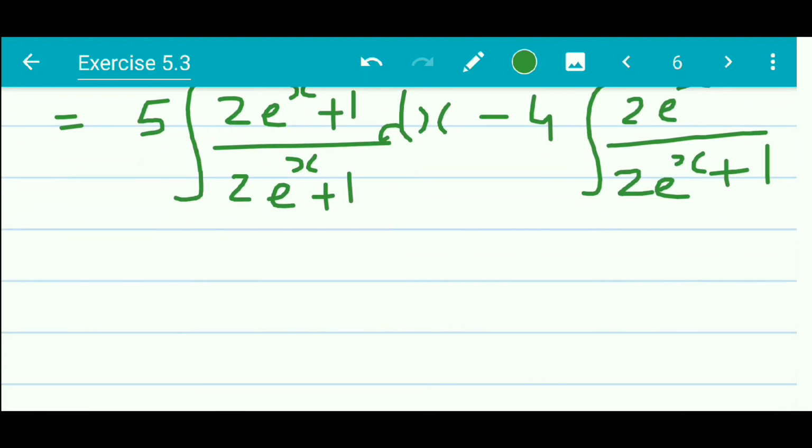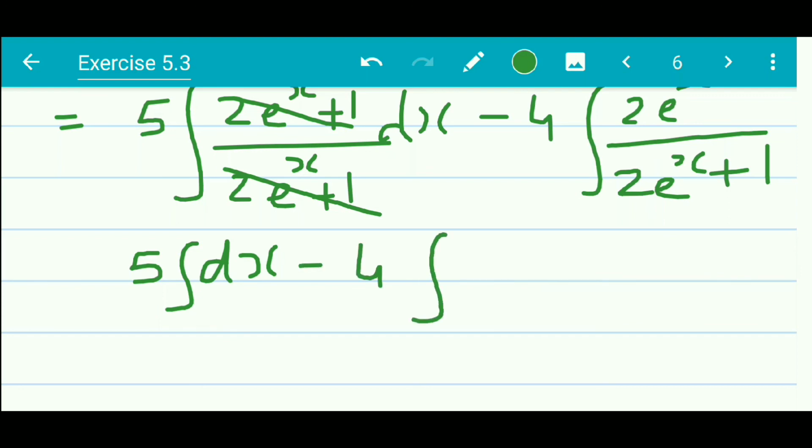Then in the first term, both the integrals go away. So we get 5 integral of dx minus 4 for now as it is.